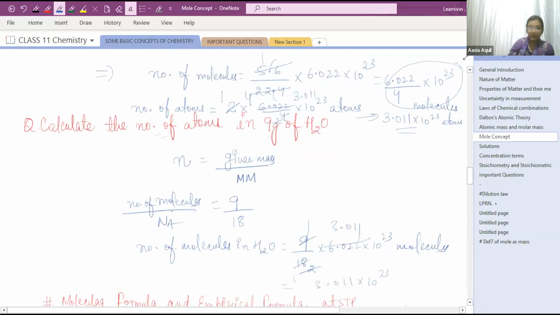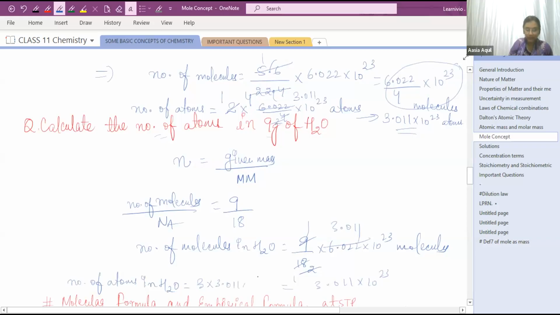Right, but this is molecules. So the number of atoms in H2O, how many atoms are there? 2 hydrogen and 1 oxygen. So 3 into 3.011 into 10 to the power 23. So 3 threes are 9.033 into 10 to the power 23 atoms.